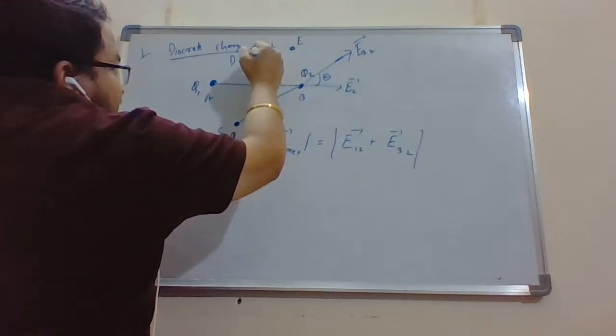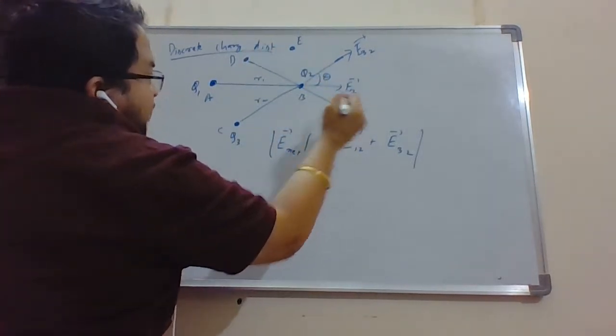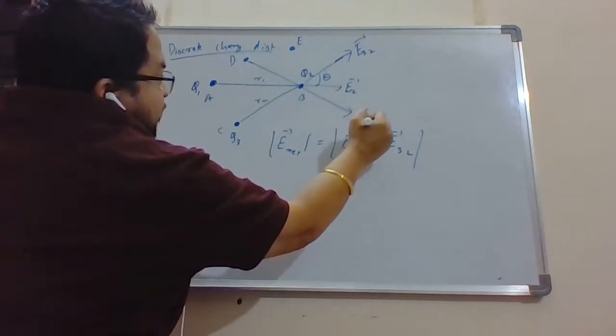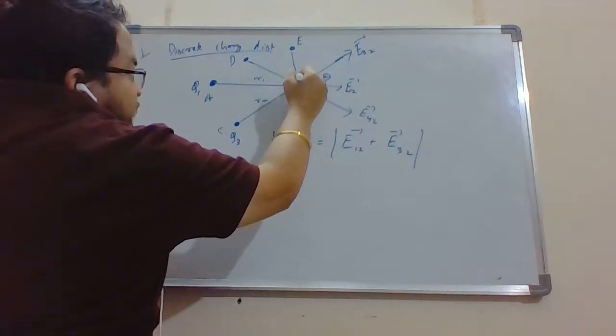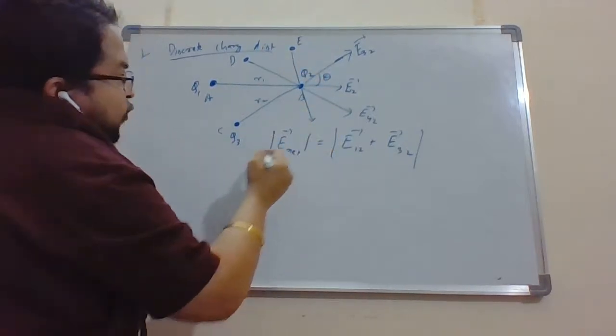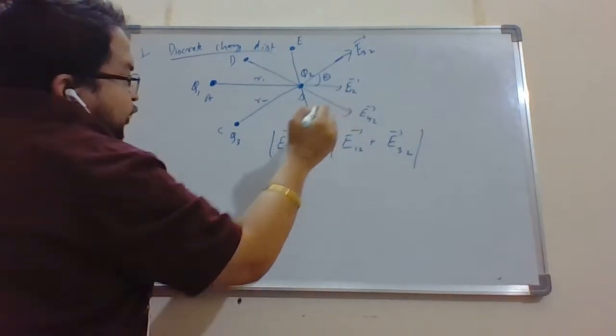Similarly, this would also produce a field, so I can say E due to 4 on 2. This one will also exert a force, and it will be due to an electric field E due to 5 on 2.